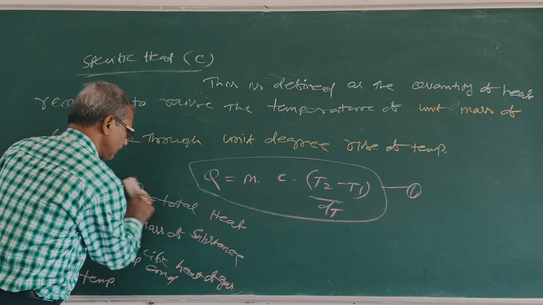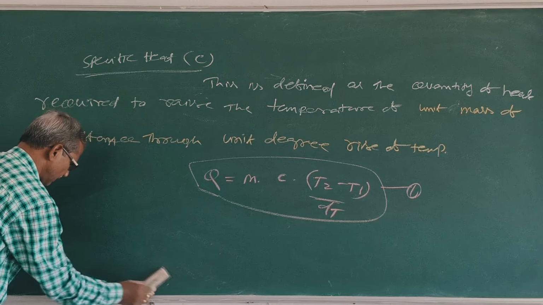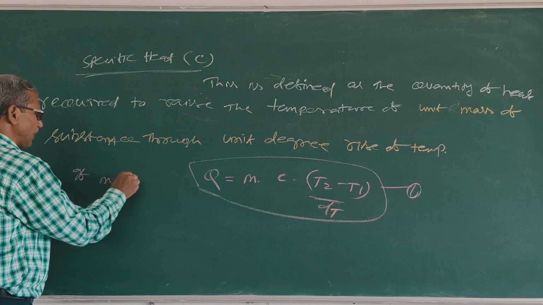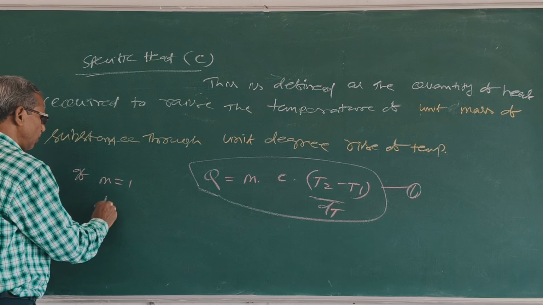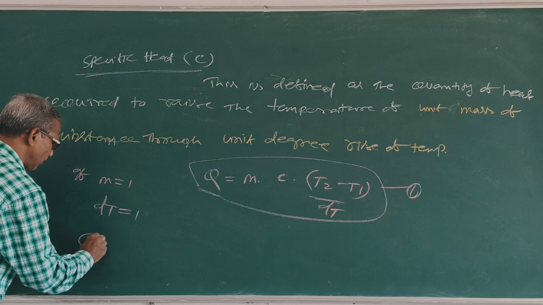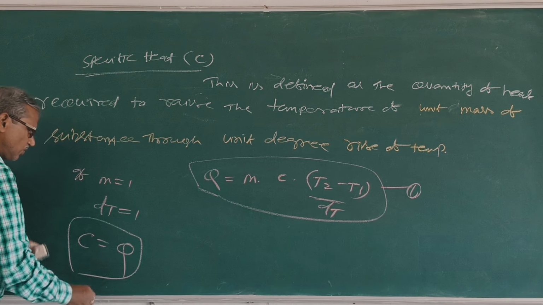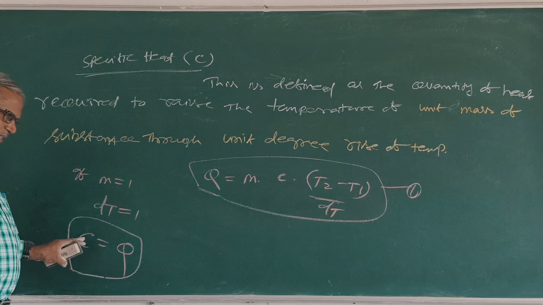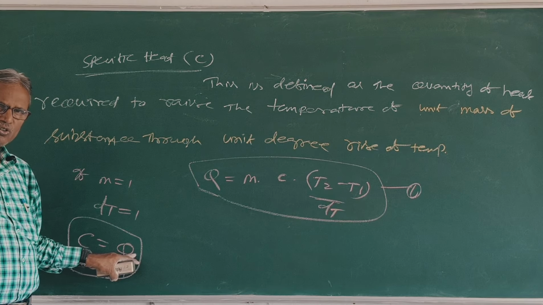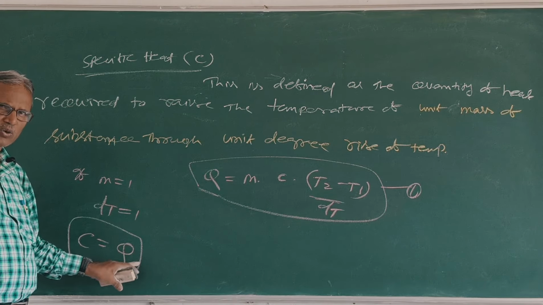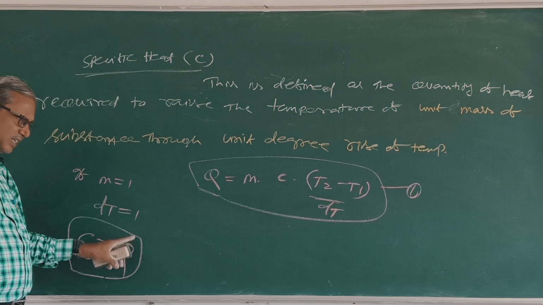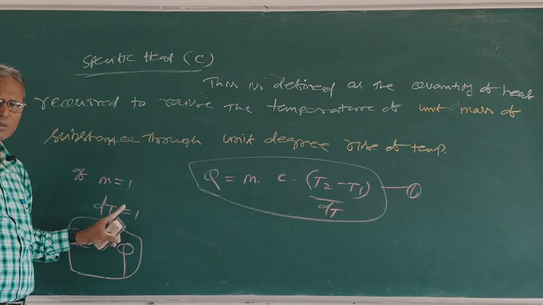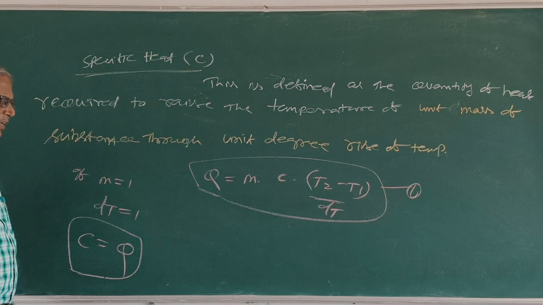That means if m is 1 and dt is equal to 1, C is equal to Q. The definition: C is equal to the quantity of heat required to raise unity mass of substance through unity rise of temperature. Clear? So what is the unit of heat?